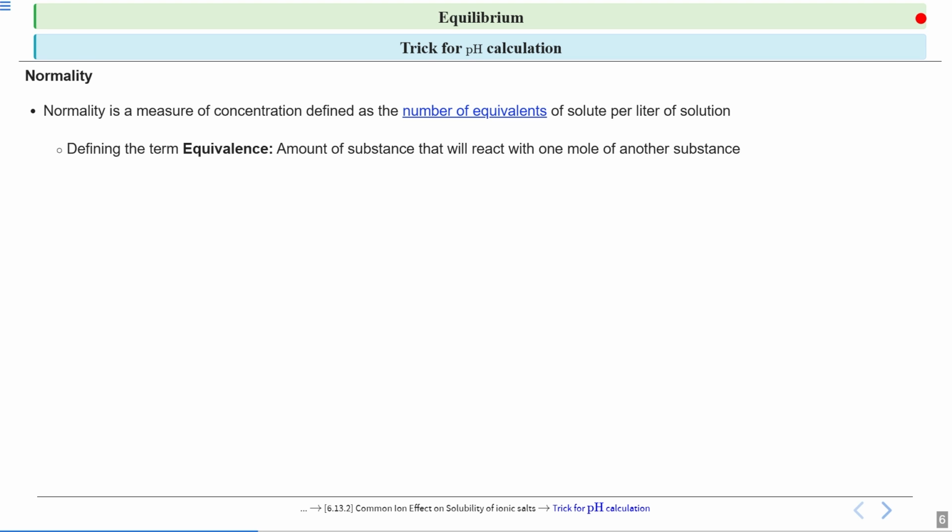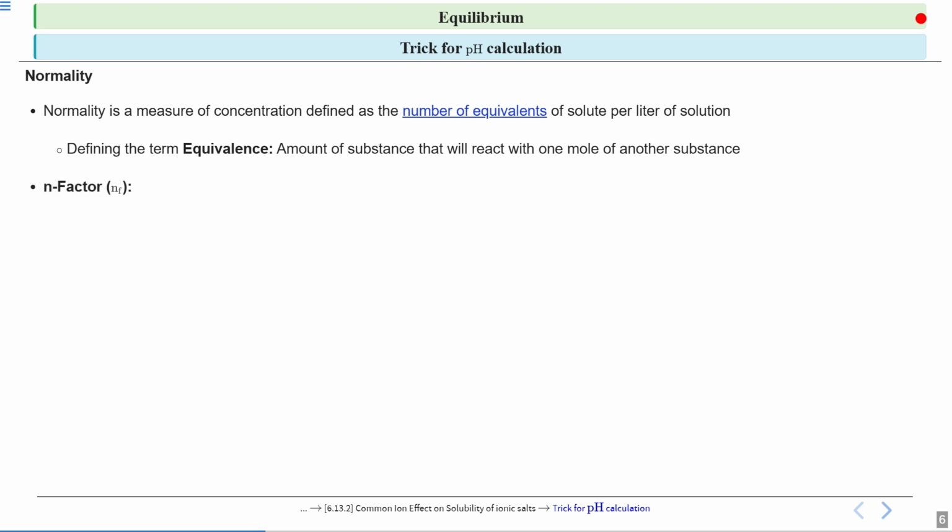Further, if I say that 24 grams of this species A is present in your solution, then what will be the normality? How many equivalents are there? So 2 equivalents are there per liter of the solution. So 2 divided by 1 will give you your normality. As simple as that.